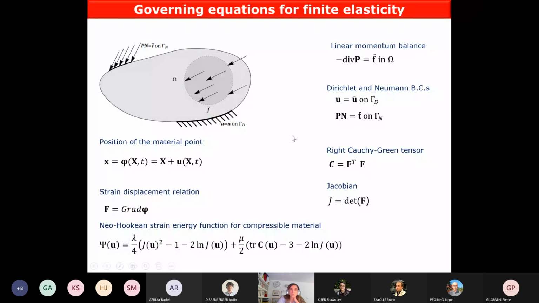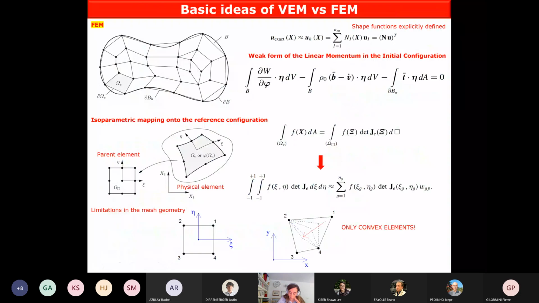Now, if you want to discretize this problem, let's see what we would do classically using the standard finite element approach. We would first consider the domain partitioned into non-overlapping elements, for example quadrilateral elements in the simplest case with 4 nodes.